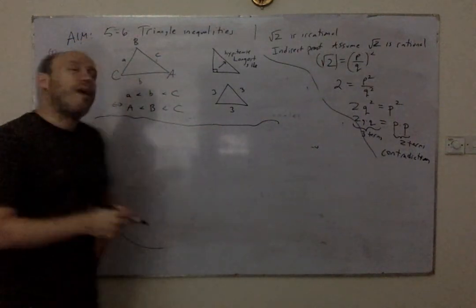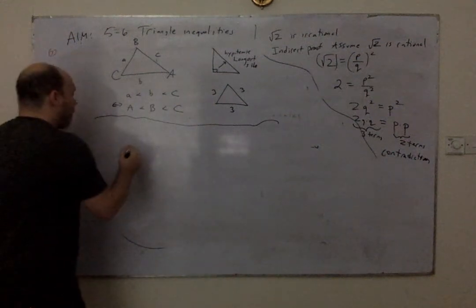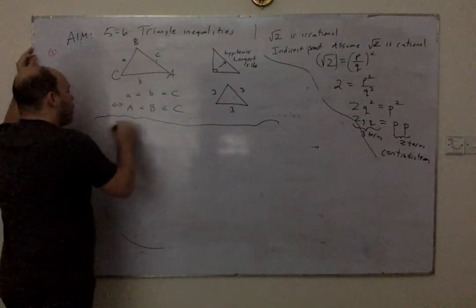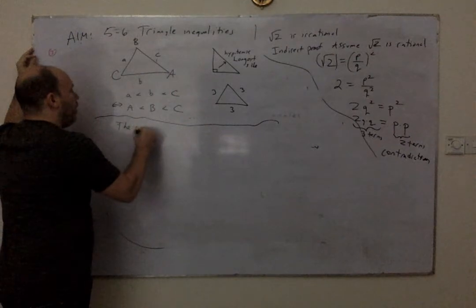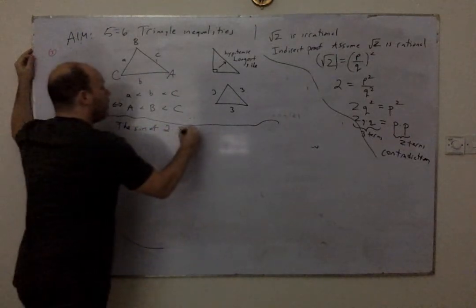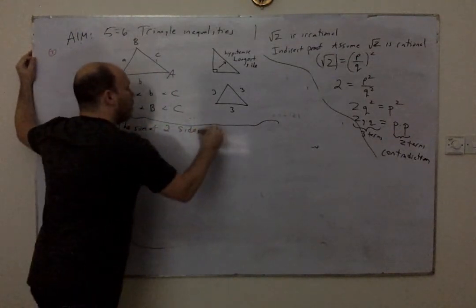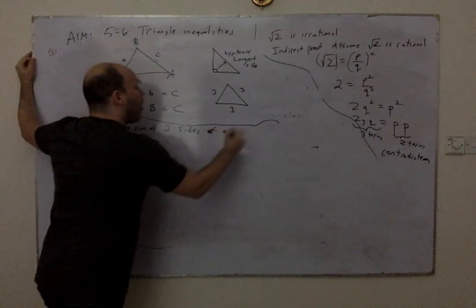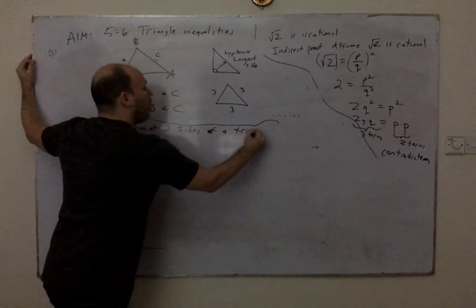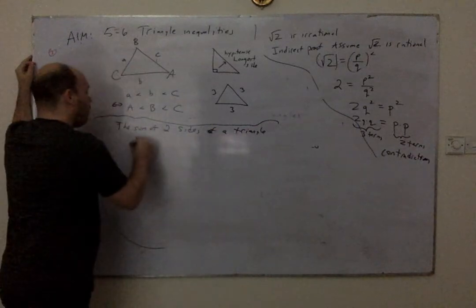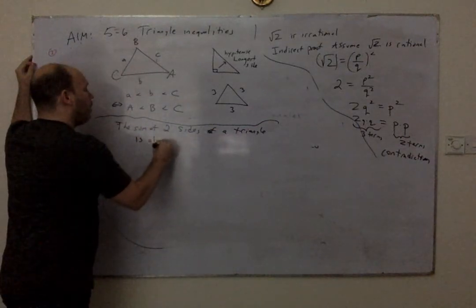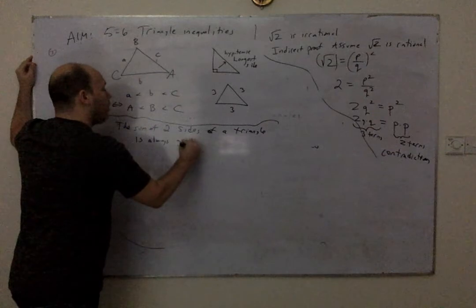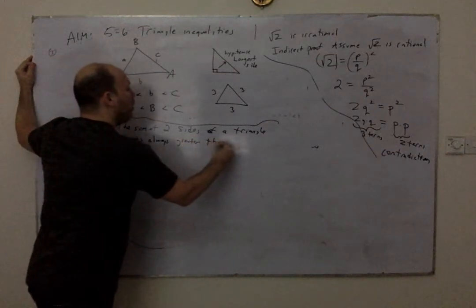Okay, and then the last part, this is great. This last part is great. Okay, it says that the sum of two sides of a triangle is always greater than the third.